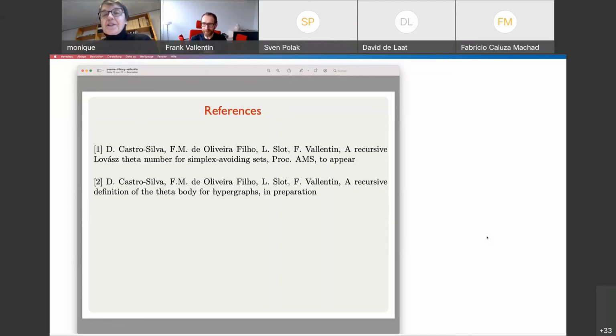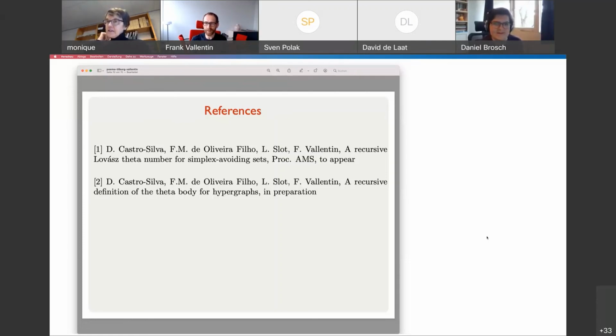So any other questions? Hi Frank. In this talk, at least, you only mentioned regular hypergraphs, but in general, you can allow different edge sizes. Does everything still work out? Or do some of the nice properties break? Because I assume the definition should generalize. Yeah, I think the definition generalizes. Also, I think the fundamental properties also generalize.